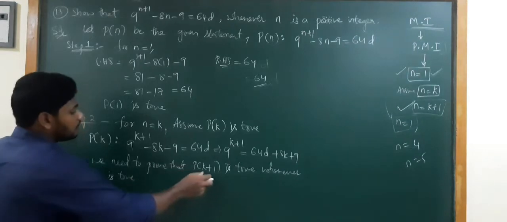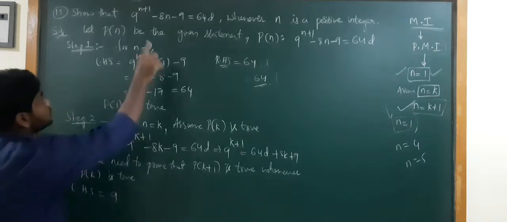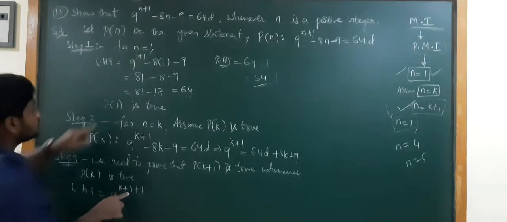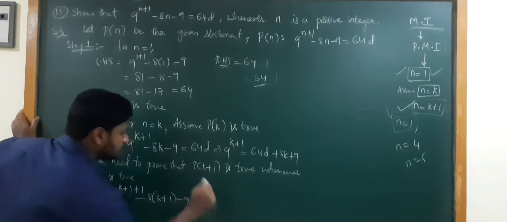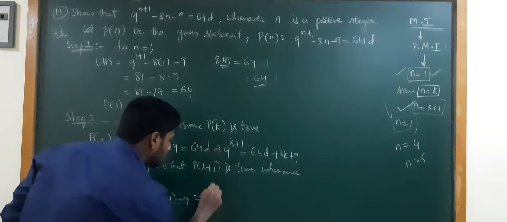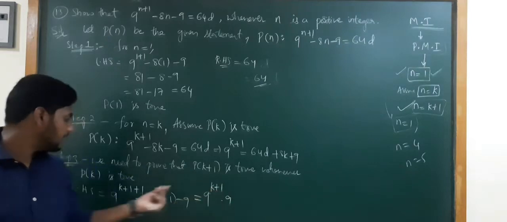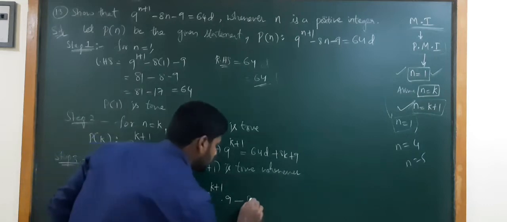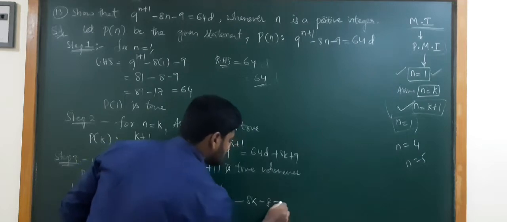So for P of k plus 1 we will consider the LHS. What is the LHS? 9 to the power of, instead of k, we take k plus 1, so k plus 1 plus 1, minus 8 into k plus 1, minus 9. We can write 9 to the power of k plus 1 plus 1 as 9 to the power of k plus 1 into 9, minus 8k minus 8 minus 9.